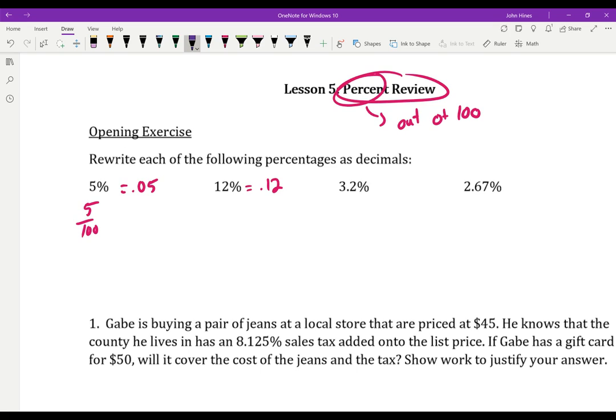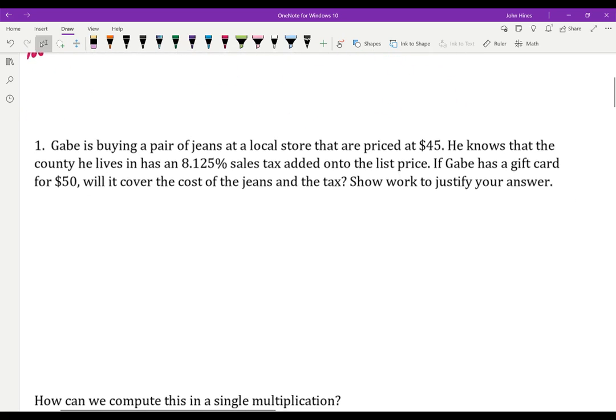The trick is divide it by 100 in your calculator, or you can just move it twice. So 0.032. But again, I like just dividing it in my calculator to be 100% sure that I'm doing it right. So to go from a percent to a decimal, you divide by 100. You go twice to the left. Divide by 100.